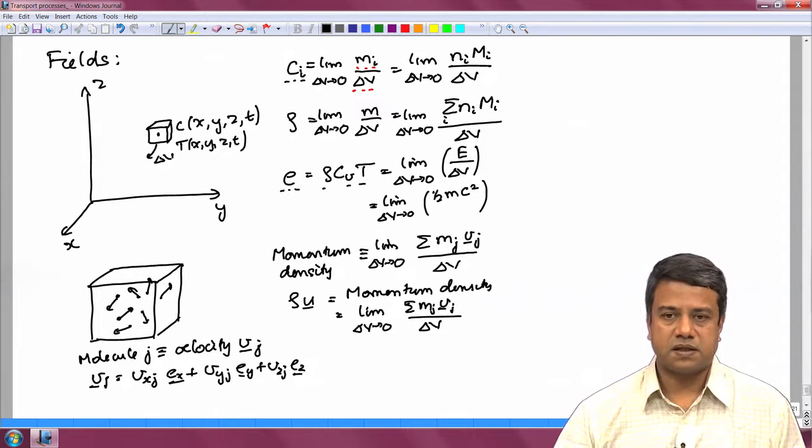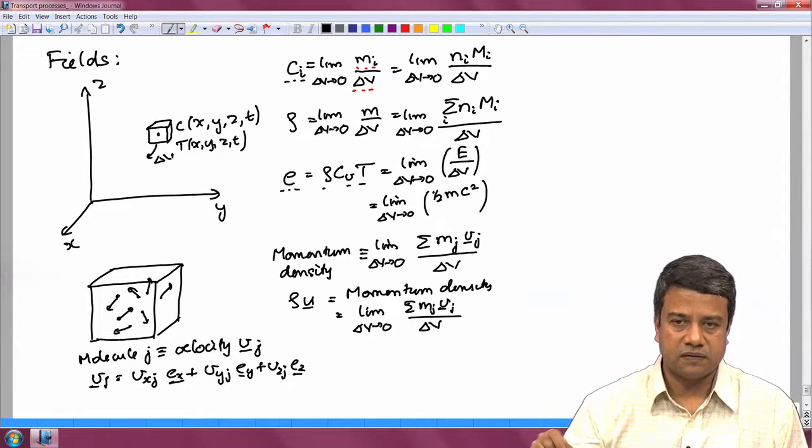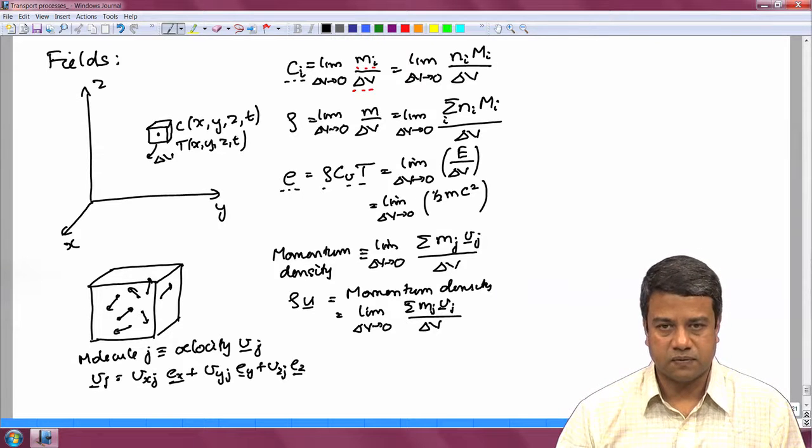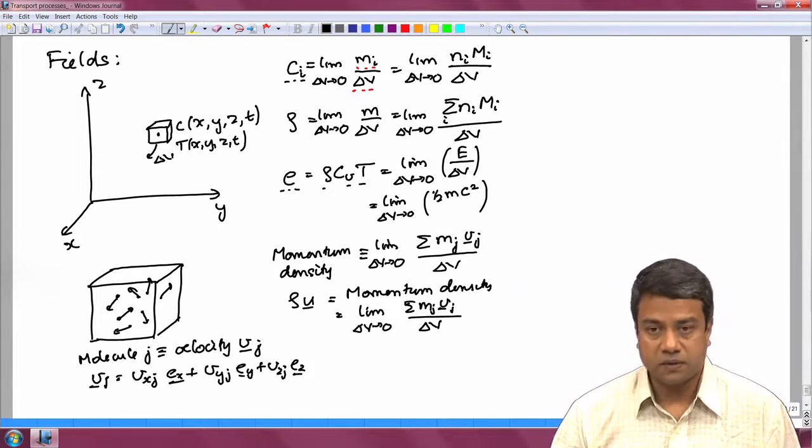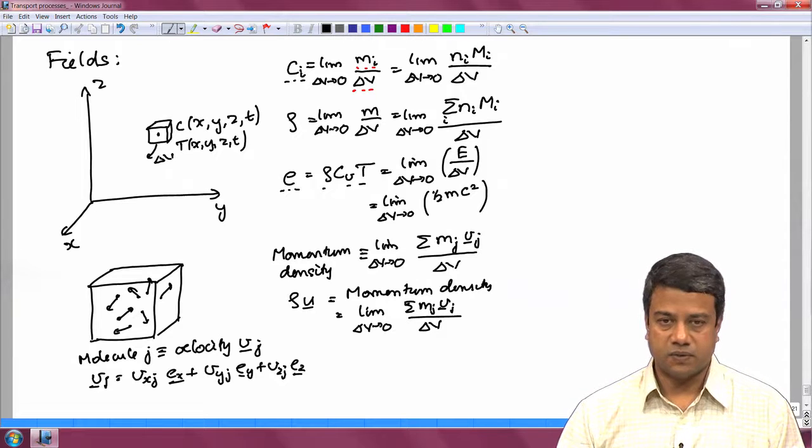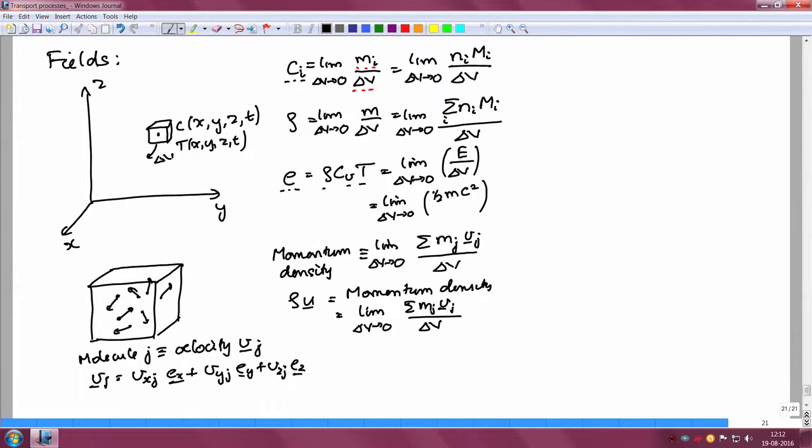And these fields are specified at every location within the flow, and they have a continuous variation with location within the flow. Okay. So, these are the quantities that we will be writing down equations for, the fundamental quantities: the densities, mass density, the temperature through the energy density, and the mean velocity through the momentum density.